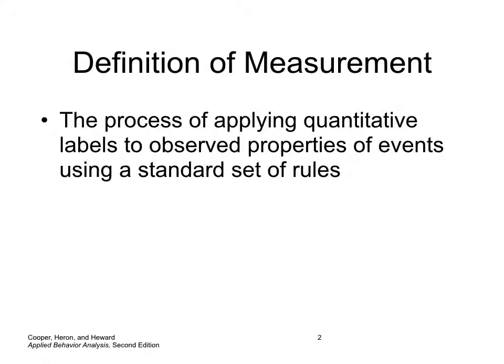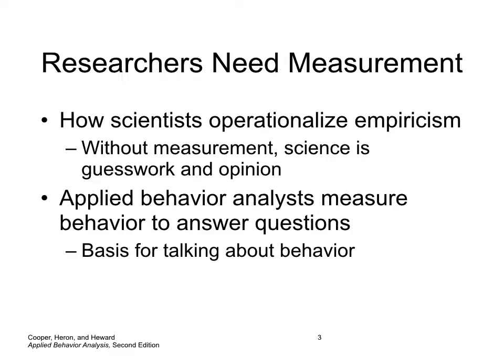Measurement is the process of applying quantitative labels to observed properties of events using a standard set of rules. Scientists use measurement to operationalize empiricism.